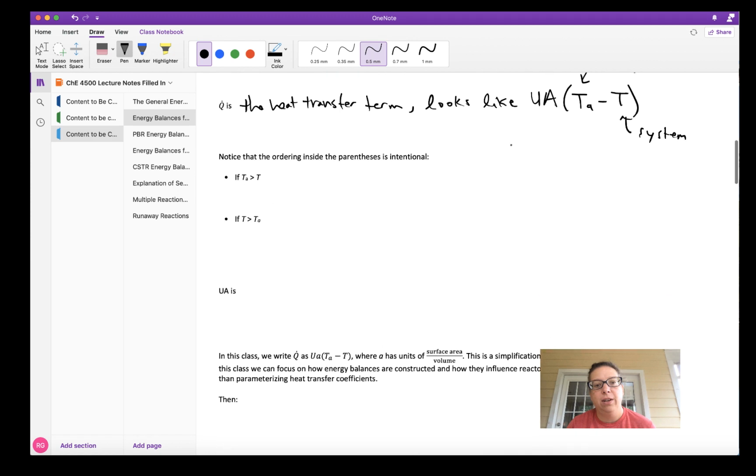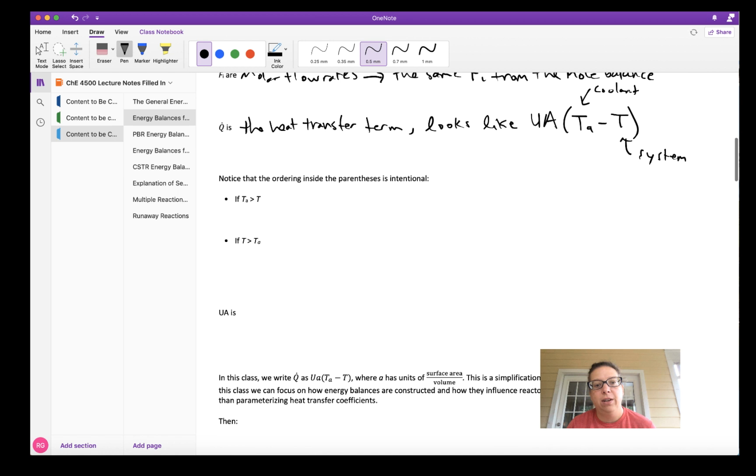The ordering inside these parentheses is intentional. If Ta is greater than T, then heat is transferred from shell to tube. Alternatively, if T is greater than Ta, then heat is transferred from tube to shell.